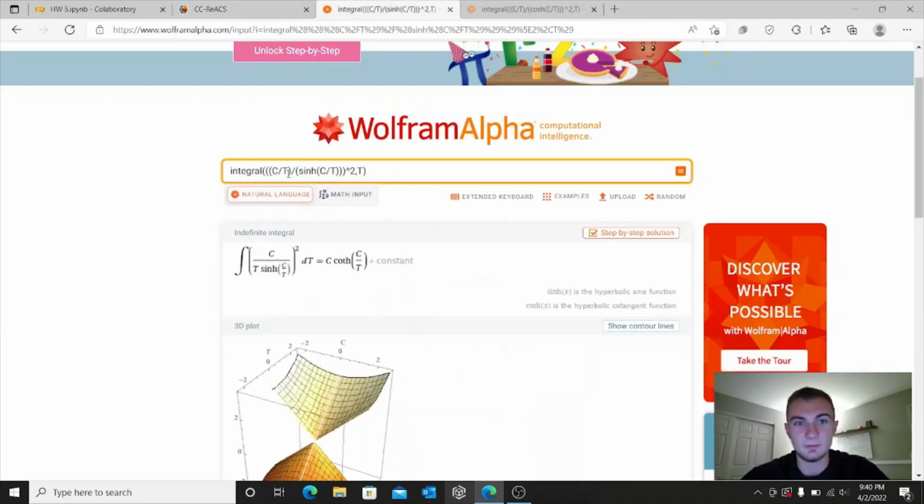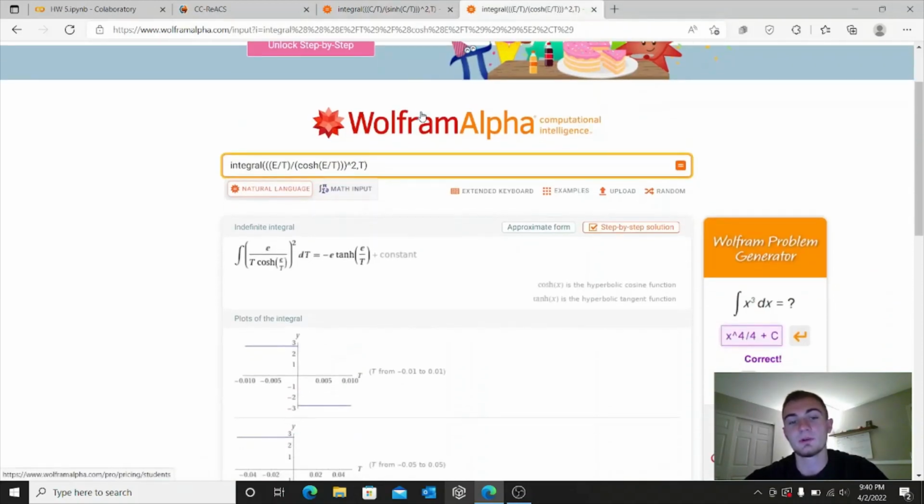So again, c divided by t over the hyperbolic sine of c divided by t, quantity squared. Our variable of integration here is temperature, and this is our result here. So c times the hyperbolic cotangent of c divided by t. And for our second term that we wanted to take the integral of, we have negative e times the hyperbolic tangent of e divided by t.